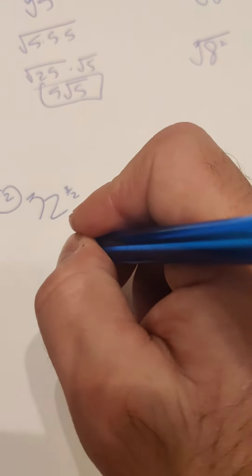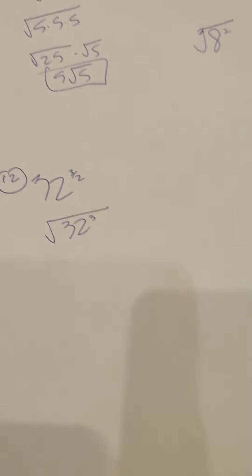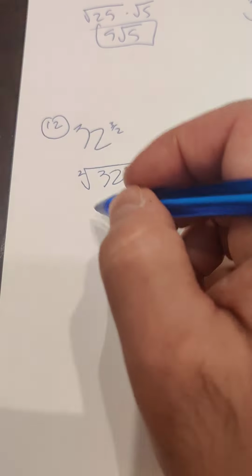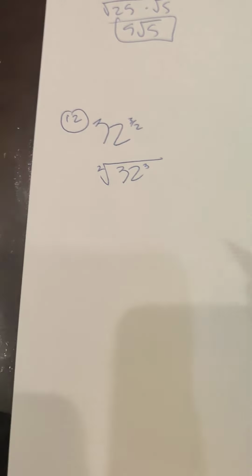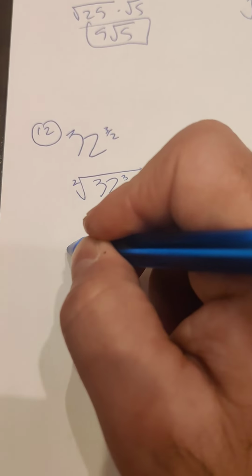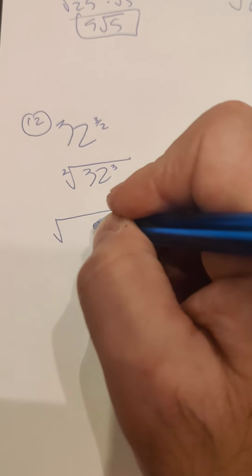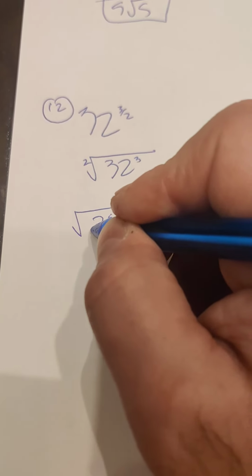This is the square root of 32 to the third. So that's an interesting one, right? I think it's backwards from the way you did it. Let's say we could say 32 is 2 to the 5th.